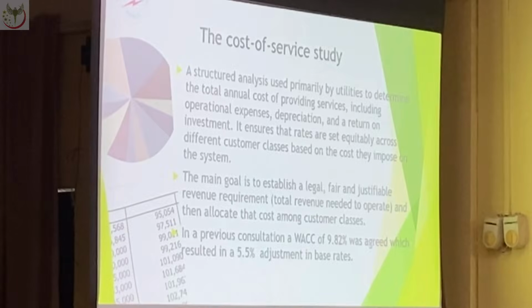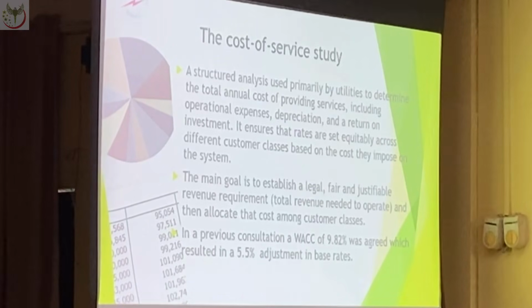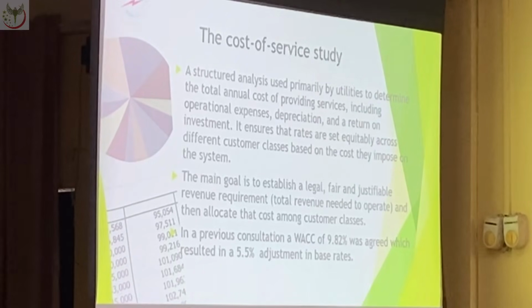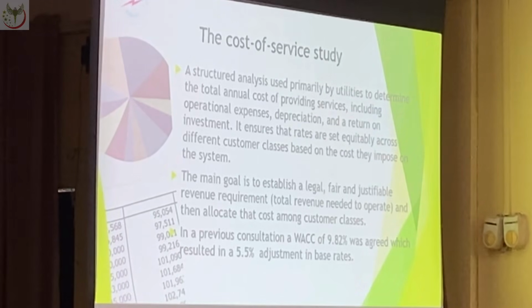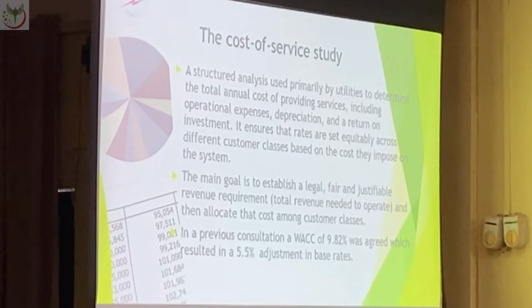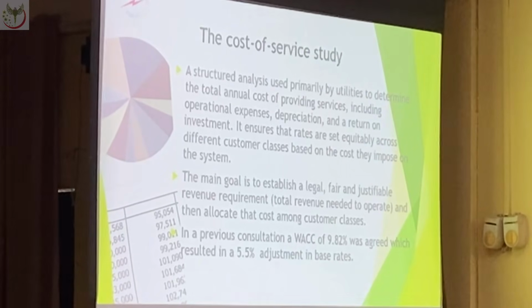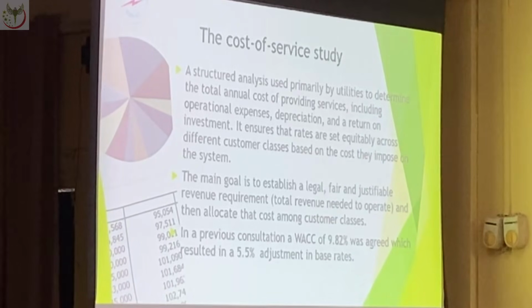Now, very important, in previous consultations, the WACC, the weighted average cost of capital, gave a result of 9.82%. And that was agreed by stakeholders, the IRC and DOMLEC. And that 9.82% WACC resulted in a 5.5% adjustment in base rates.